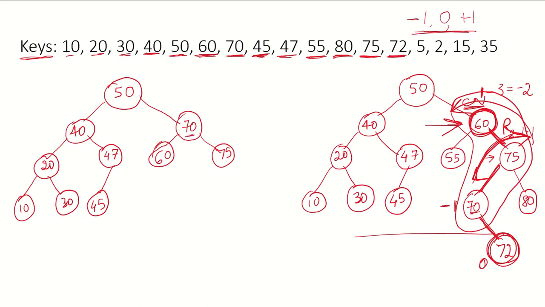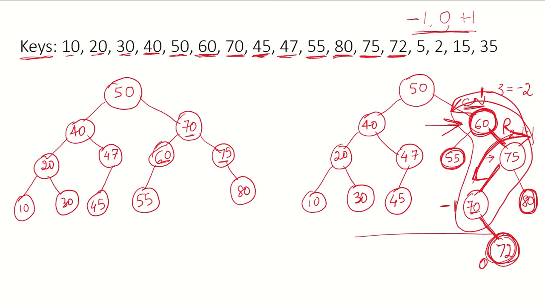70 has come here, 60 has been brought down, and 75 has come as a right child. What about 55? 55 was the left child of 60, so it still remains the left child of 60. What about 80? 80 was the right child of 75, so it still remains the right child of 75.